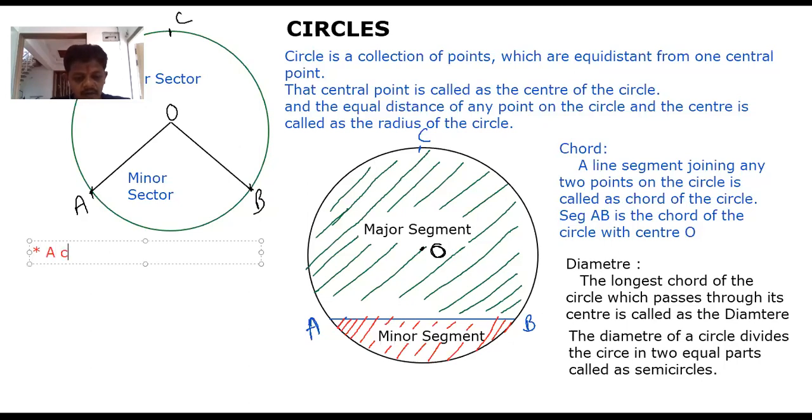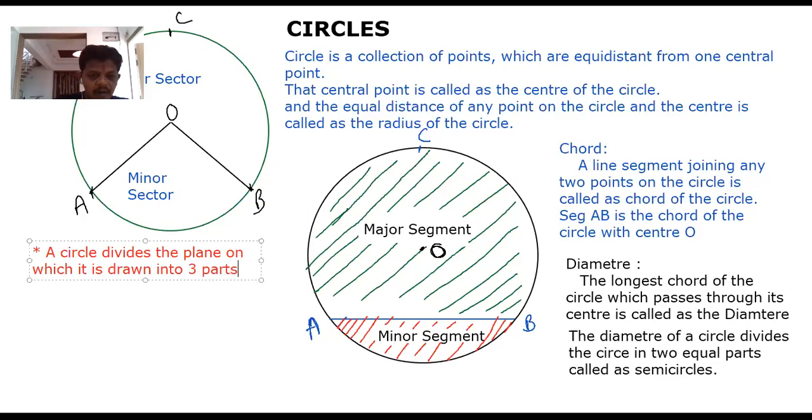A circle divides the plane on which it is drawn into how many parts? 3 parts. Which are those?